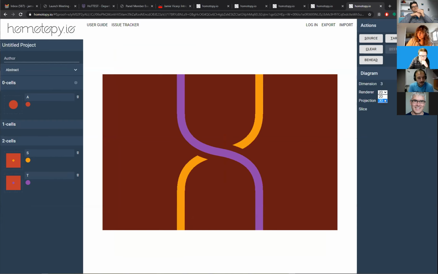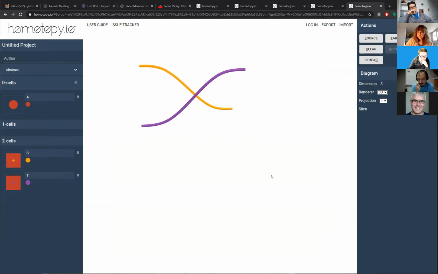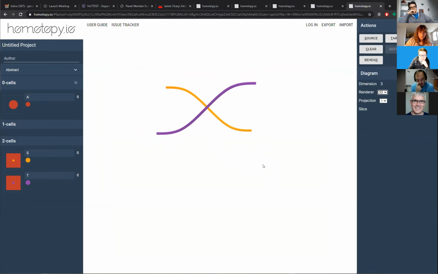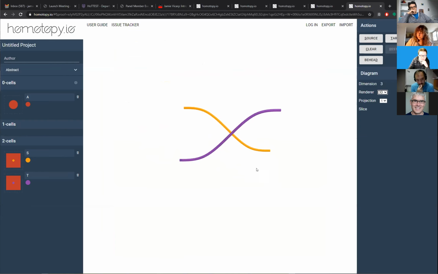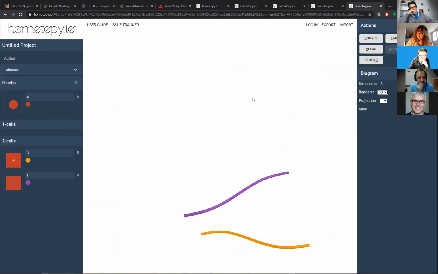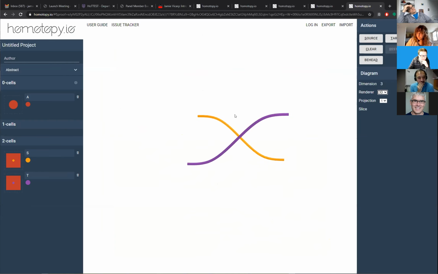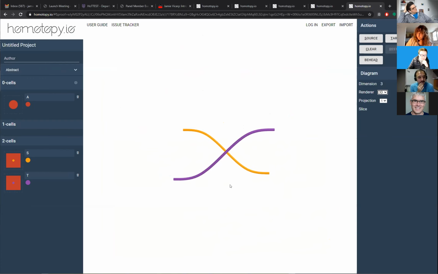Now we could view this in 3D. Of course, what we see is two wires braiding in front of each other in 3D space. Oops, can I spin it around the other way? I can't for some reason. Okay, so that's the Eckmann-Hilton argument as a 3-cell in homotopy.io.